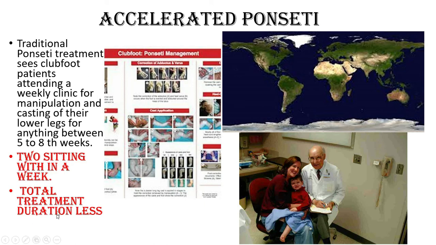Then the total duration of the treatment will decrease, and after tenotomy, we put the child in plaster and send this patient to their native place, and allow him for weeks. We use a steel blade splint, and after 3 weeks of that plaster, if there is any problem, then that will be managed by the local doctor.